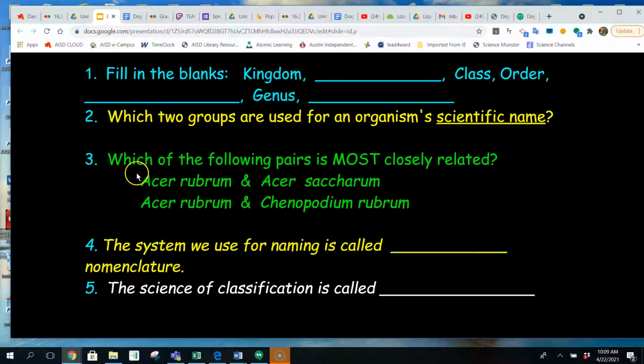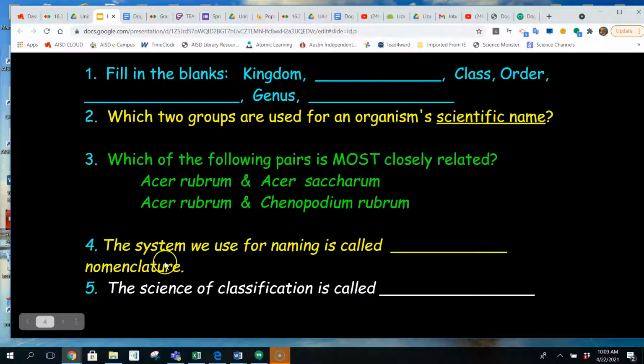And then, which of the following pairs is most closely related? Again, you're going to look at these scientific names, right? You're going to look at the genus and the species to see what is more closely related. Is this more or is this more? Okay.